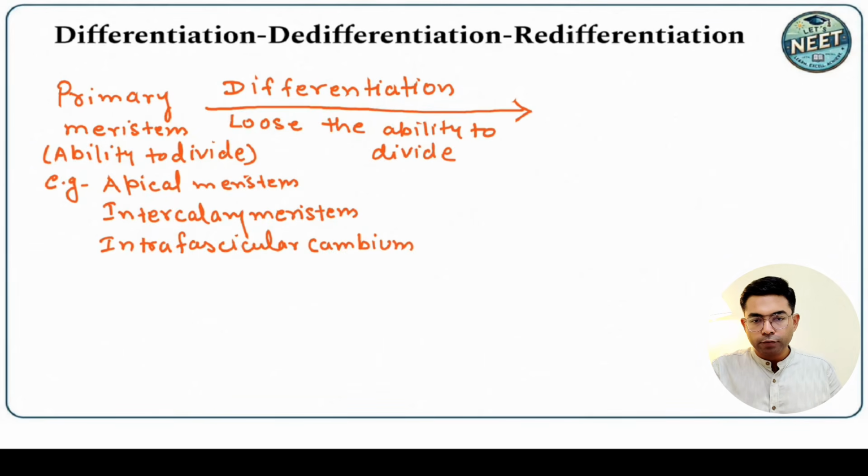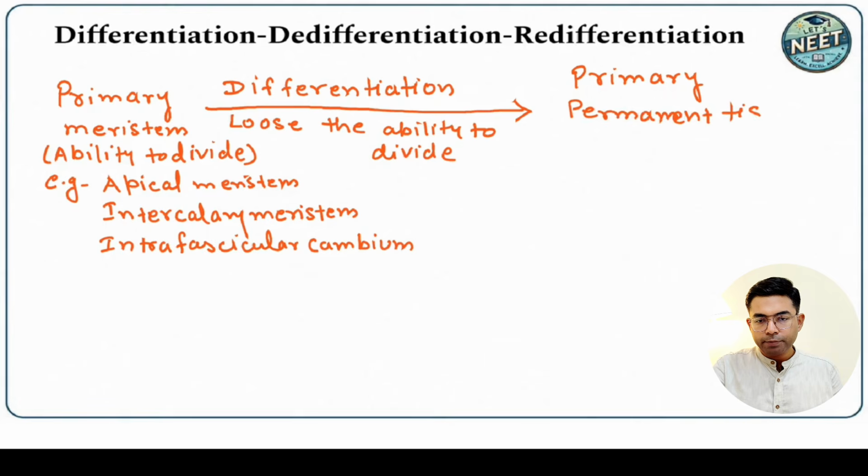Primary meristem will form primary permanent tissue. Now tell me, will this primary permanent tissue have any ability to divide? Because it lost the ability to divide, primary permanent tissue won't have any ability to divide.